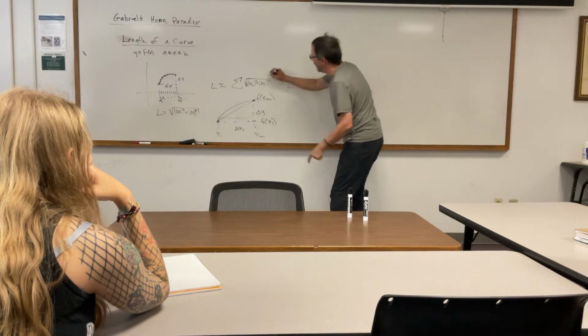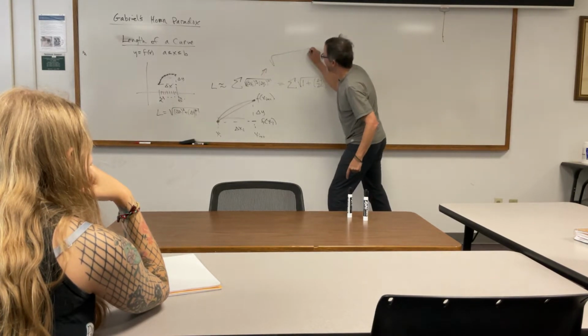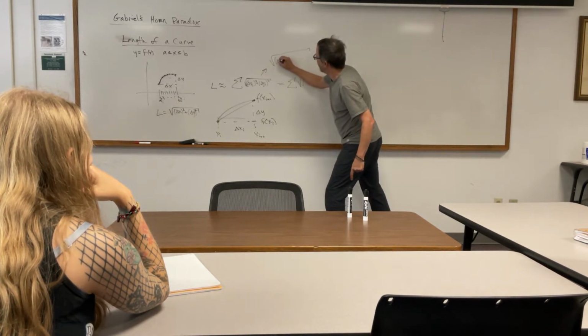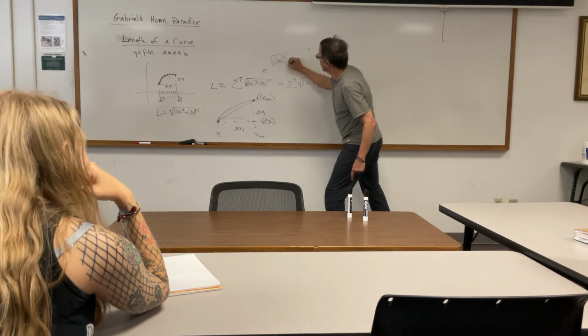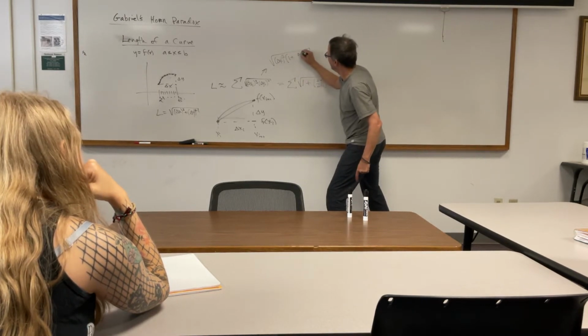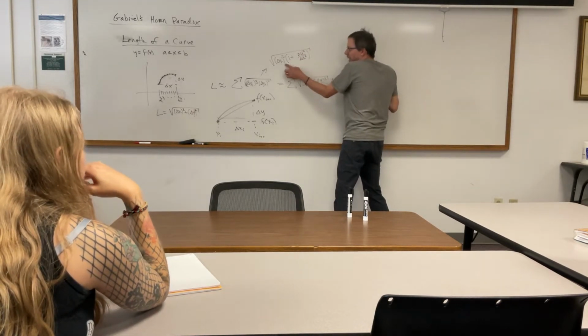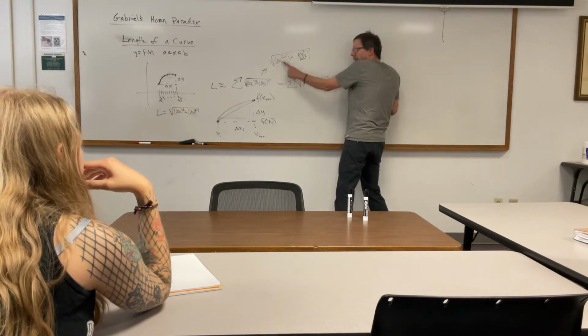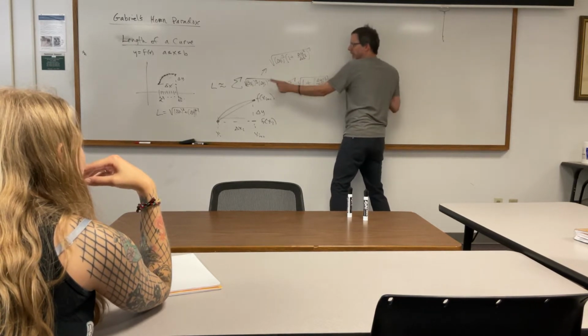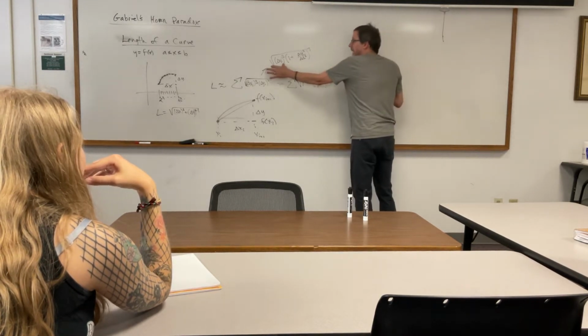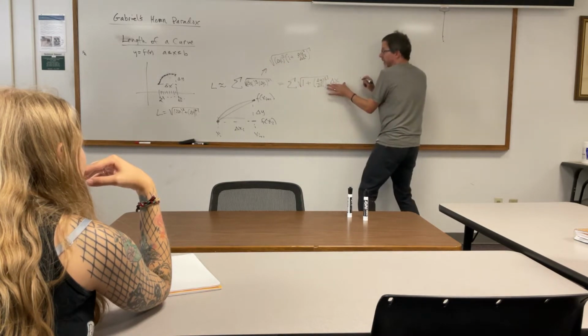Basically what I did was I took this thing inside here and I factored out delta x squared, and I'm left with 1 plus delta y squared over delta x squared. So just imagine pulling this delta. If you go backwards, this times this is that, this times this is that. And then I pulled out the square root of delta x and that became this.